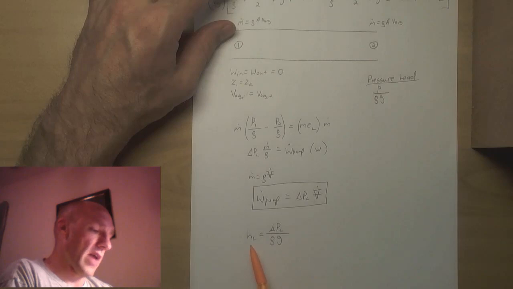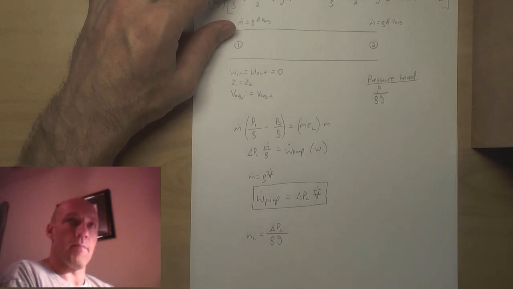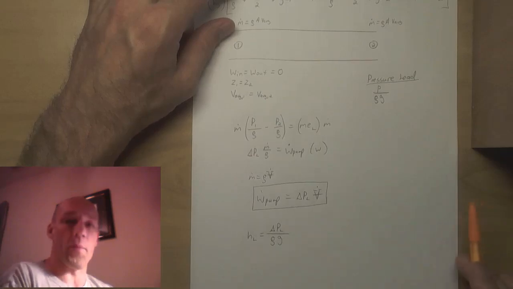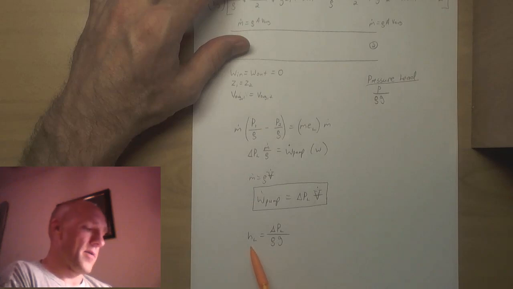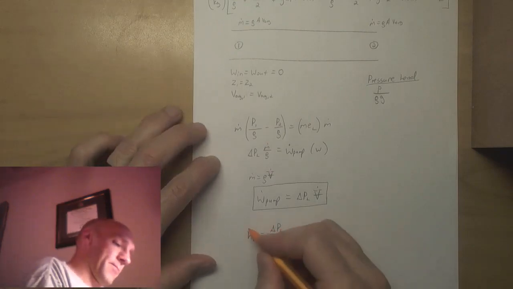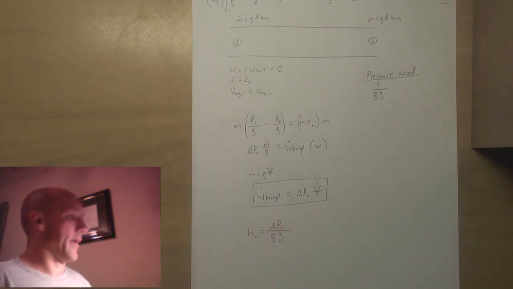So how much head was lost? How much elevation did you lose if you had to pump a bunch of water up into a tower? How much shorter did your tower get by pumping it through a certain length of pipe? So, take that for what it's worth.